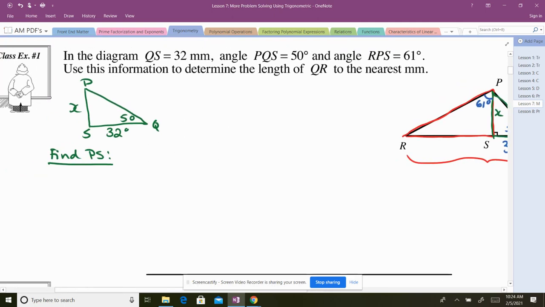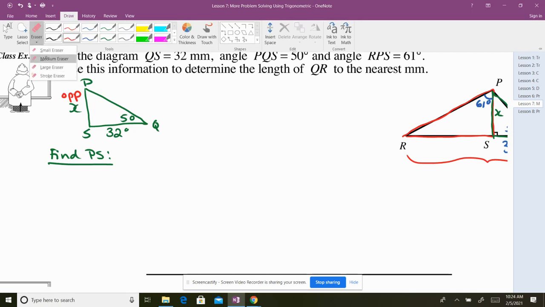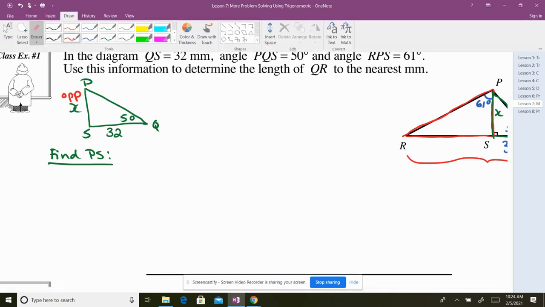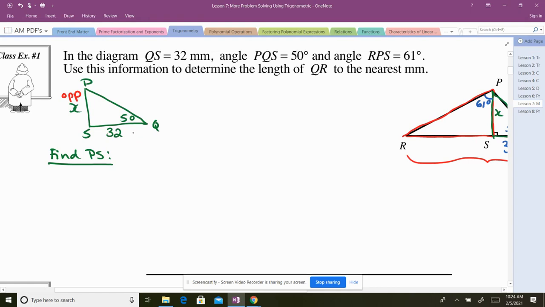Okay. What do I do? What's the first step? Label. What is X? Opposite. What's 32? Why did I put a degree sign on the 32? Just 32. What side is 32? Adjacent. Okay.